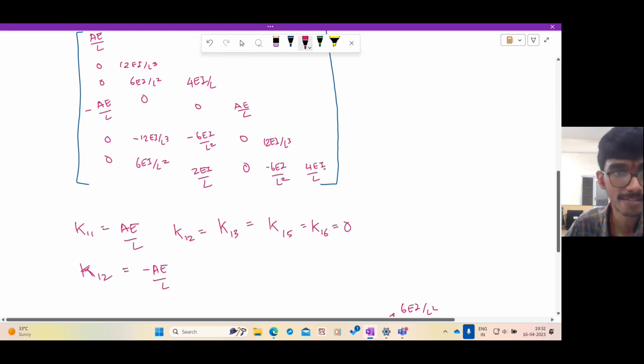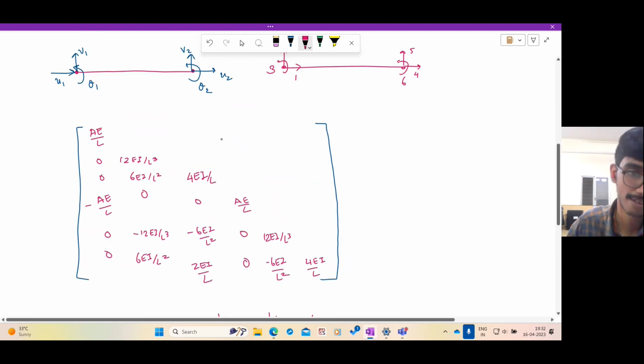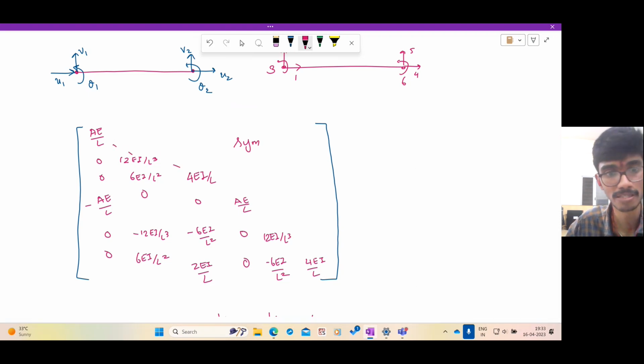And since the stiffness matrix is symmetric about the principal diagonal, I can fill in the rest. So this is 0, 0, 0, 0, and 0. And here you get 6EI/L², a 0, minus 12EI/L³, and 6EI/L².